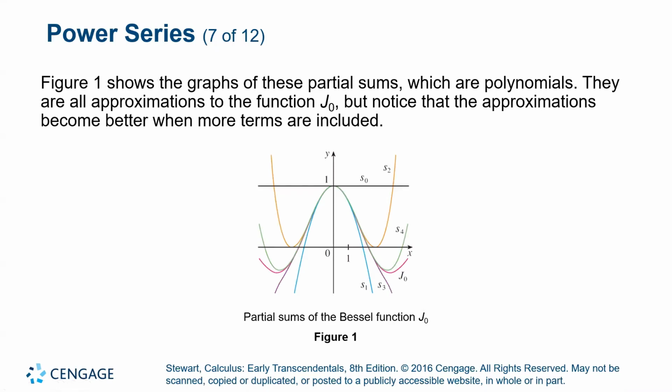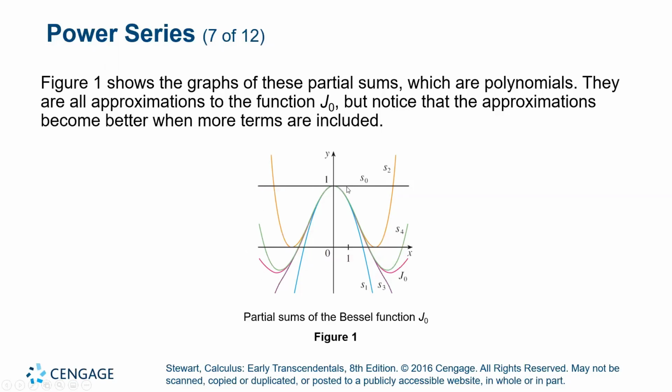Okay, and here are the graphs of those partial sums. So if you considered the partial sums as functions, because they do have x's in them, then they're polynomials, which means you can graph them and look at them. So remember, every partial sum is an approximation to the sum of the series itself. So this is a way to see how it is changing as the partial sums get larger and larger.